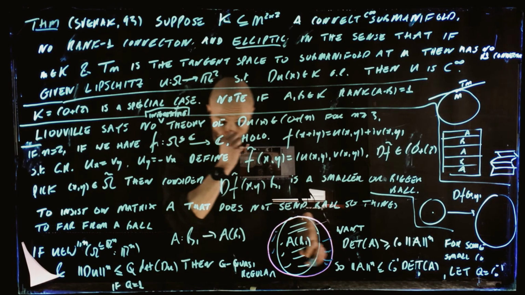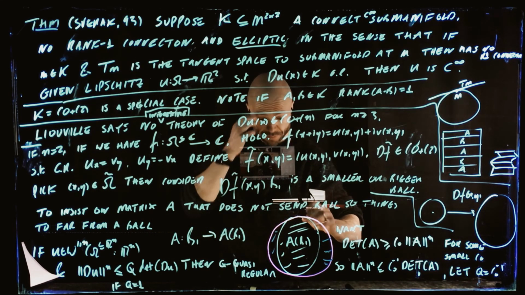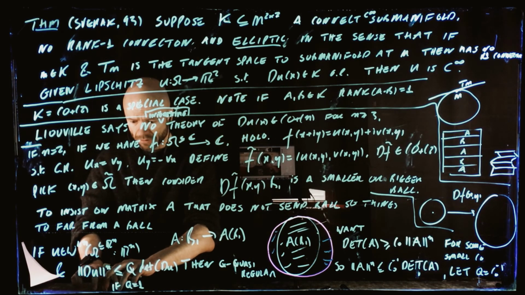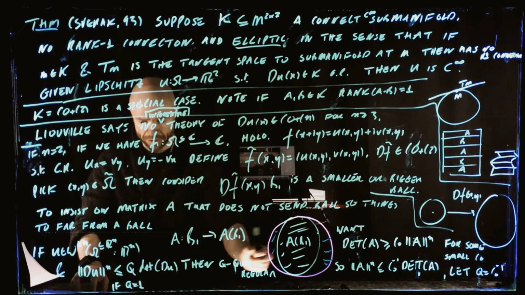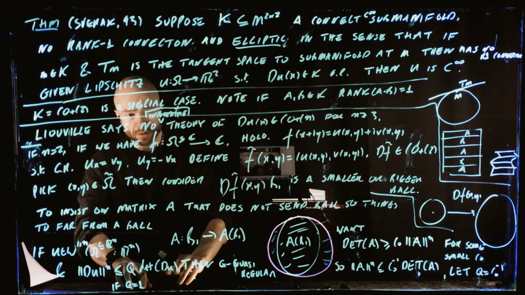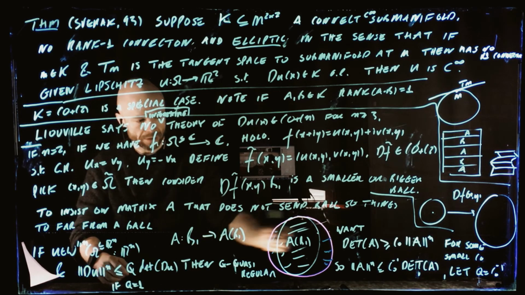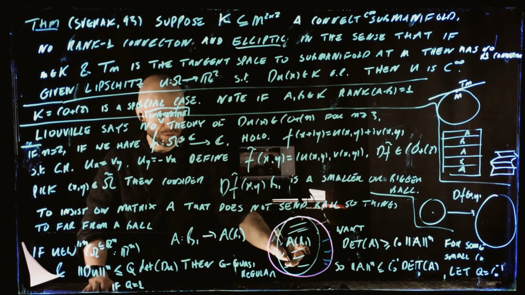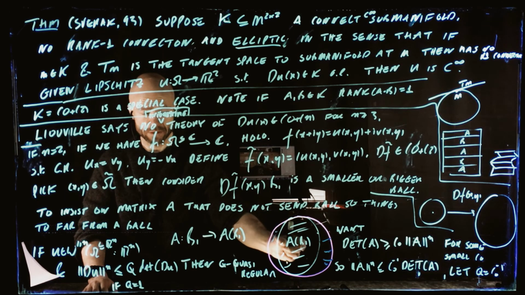Let's try again. So if we had q equals 1, then what does it mean? Then it means that the volume of the smallest ball containing the image is less than or equal to the determinant, right? We always have this inequality just from this picture. So it actually means that the volume of the smallest ball containing the image of the ball is the same as the determinant. Yeah?